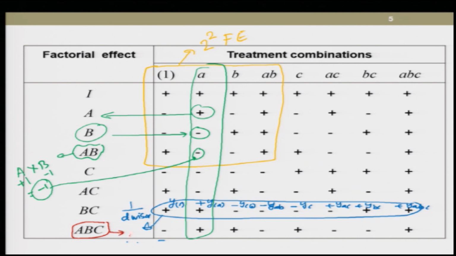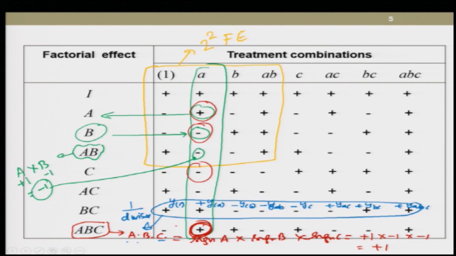For example, this can be written as A into B into C. So the sign of ABC can be determined by the sign of A into the sign of B into the sign of C, which I am now highlighting with red color: A, B and C. This is plus, minus, minus, which is plus 1 into minus 1 into minus 1, which is equal to plus 1, and this one appears here.